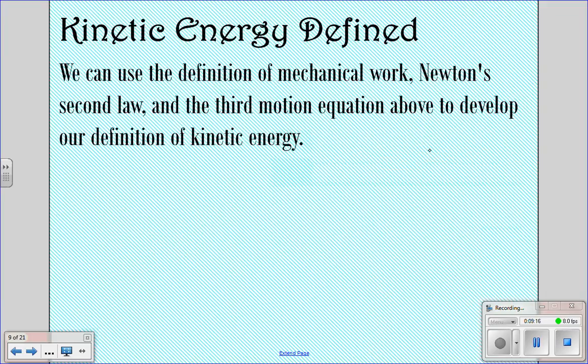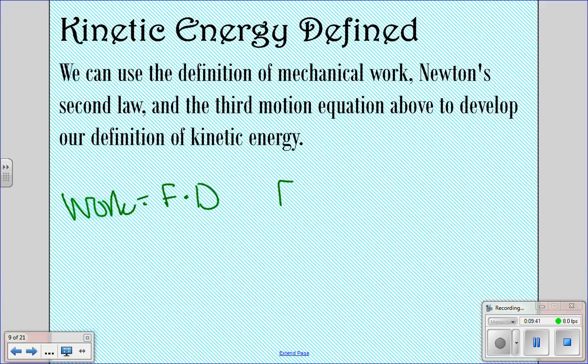All right, so now looking at kinetic energy defined, we can use the definition of mechanical work, Newton's second law, and the third motion equation that we just looked at, to develop our definition for kinetic energy. So definition of mechanical work, remember that work equals F times d.